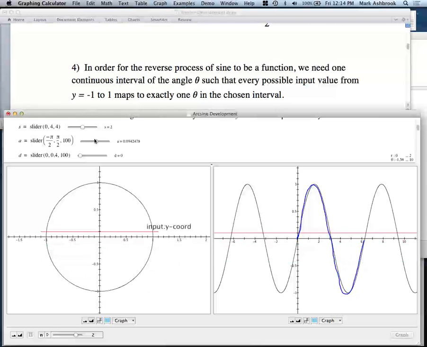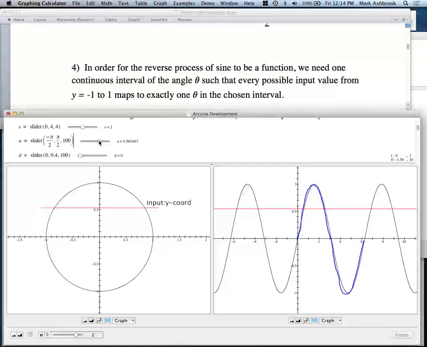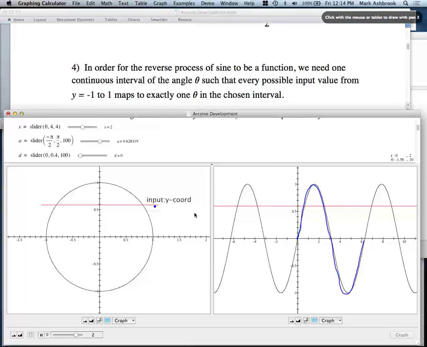Does it give us one angle for every one y coordinate? No, it doubles, right? See, for this particular y coordinate, I'm getting an angle here and also here. So I get two angles, this angle and this angle. So doing the whole period from 0 to 2 pi doesn't work. We still have the same problem.